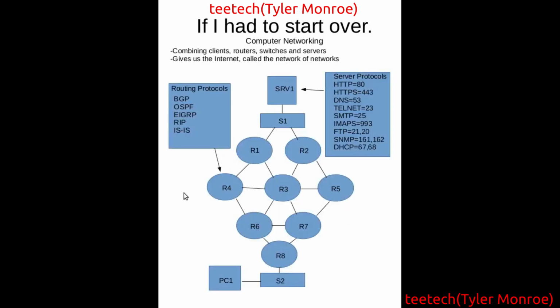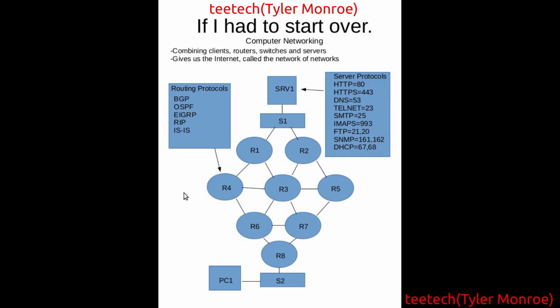And when we combine all 3 of those things, we have the internet. It's also called the network of networks. So you have your client, he's connected to a switch and another router. The routers are doing their thing with the IP addresses, as we talked about, using those routing protocols and the routing tables. The switches are using the frames in the CAM table.